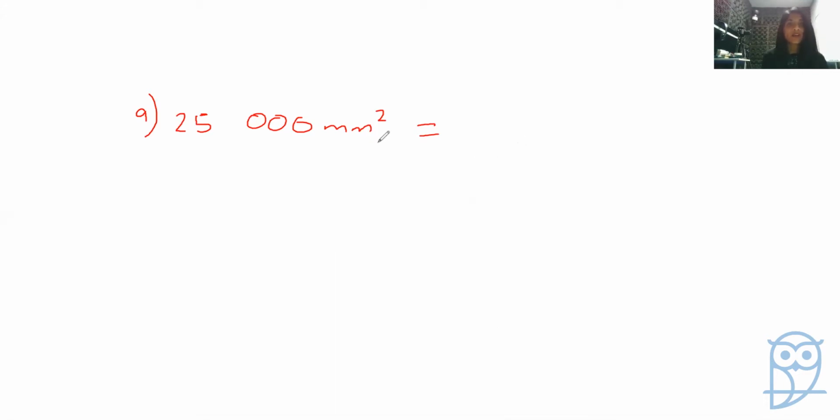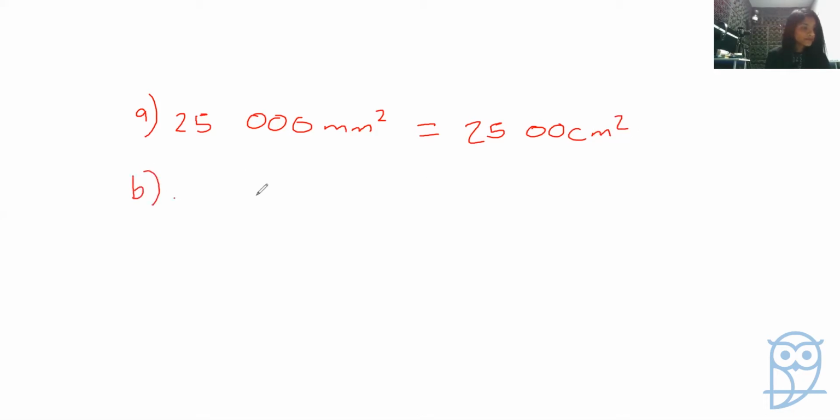Remember, we said when we're converting from millimeters squared to centimeters squared, what must we do? We are going to divide. What are we dividing by? 100. So our answer should be 250 centimeters squared. Everybody agreed?